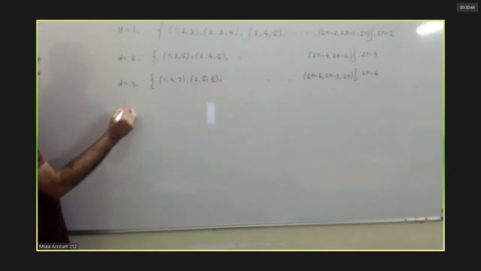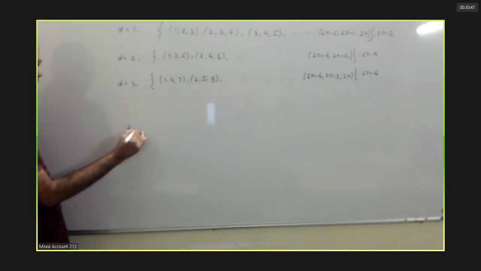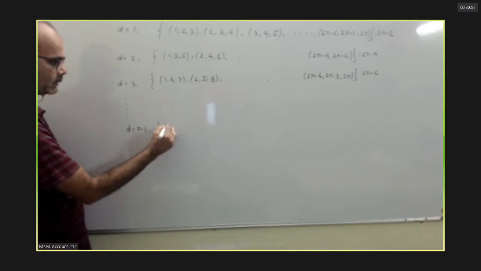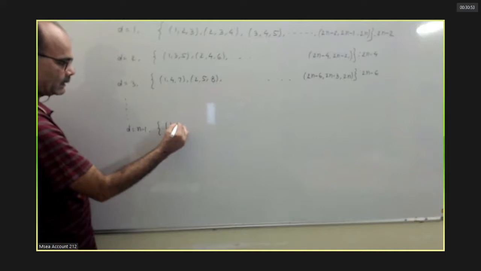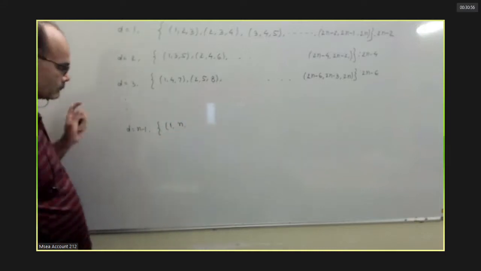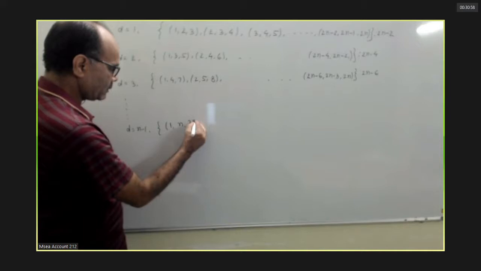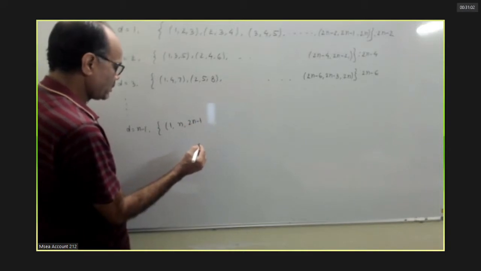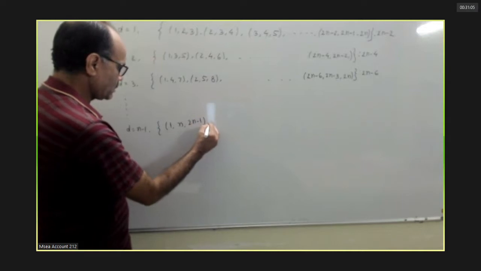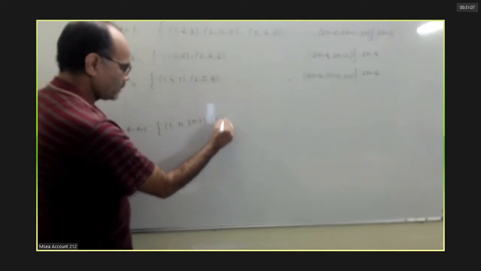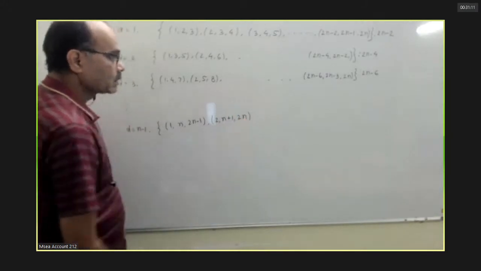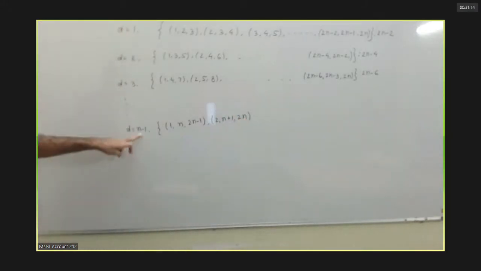Now common difference n minus 1. One selection is 1, n, 2n minus 1. The other is 2, n plus 1, 2n. Only 2 ways with common difference n minus 1. And is common difference n possible?